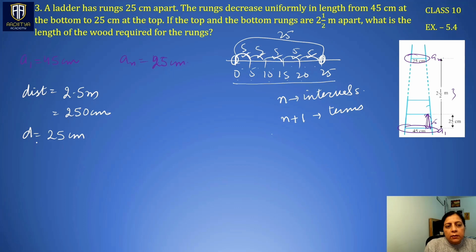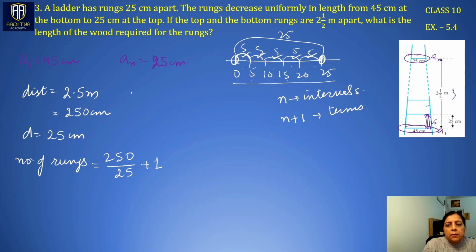Here, the distance of 250 centimeters has to be divided into 10 intervals. So the number of rungs will be 1 more than that.